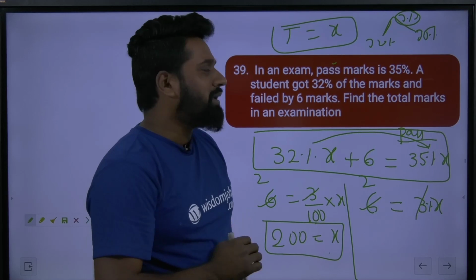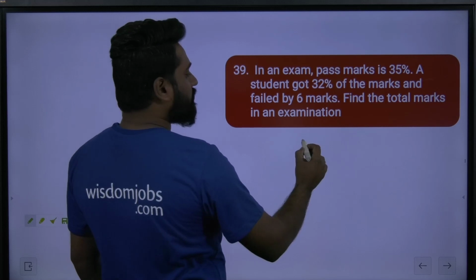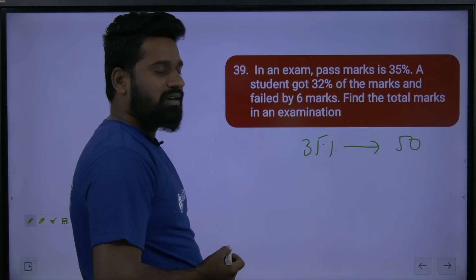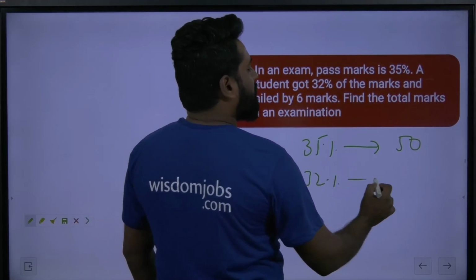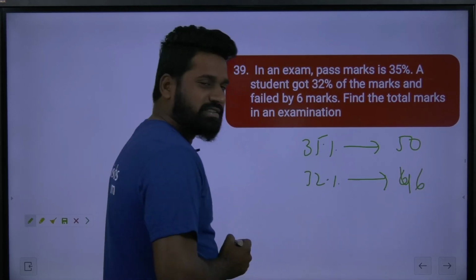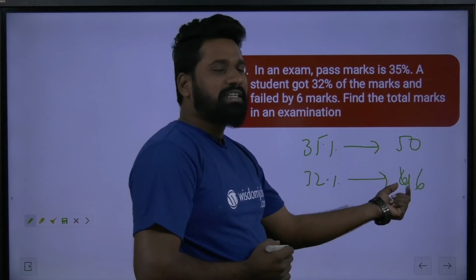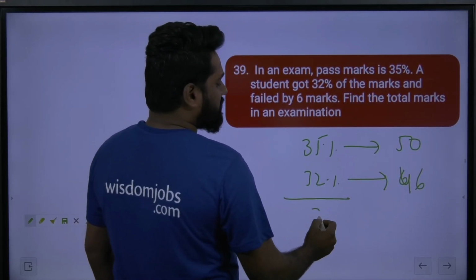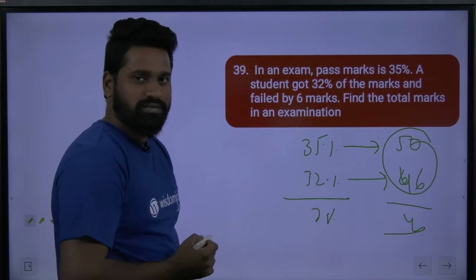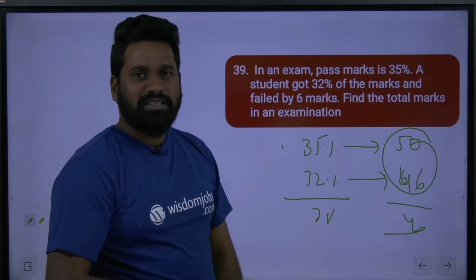Suppose pass examination 35% is given. For example, observe here. Suppose the 35% of the marks is 50 marks, for example, and he got 32% of the marks, which indicates that we can write 46 marks, for example. 35% is 50 and 32% is 46. This difference is almost 3%, which indicates the difference of this marks itself, that is 4 marks. This percentage difference indicates that difference of marks itself.